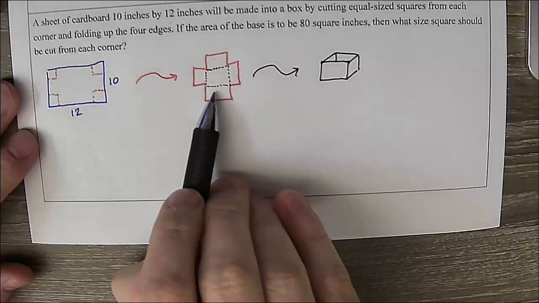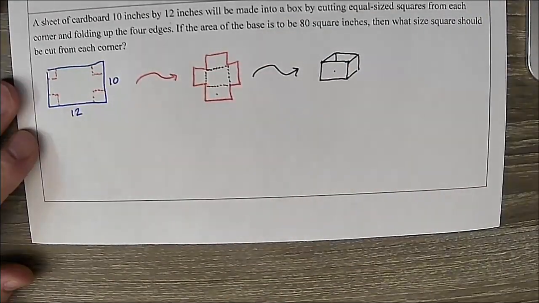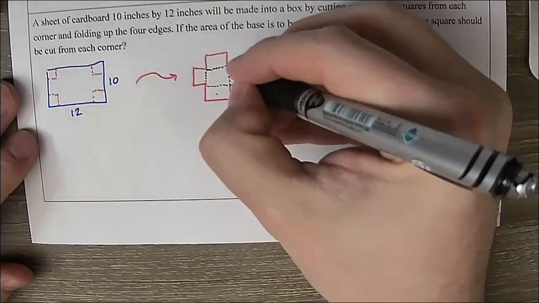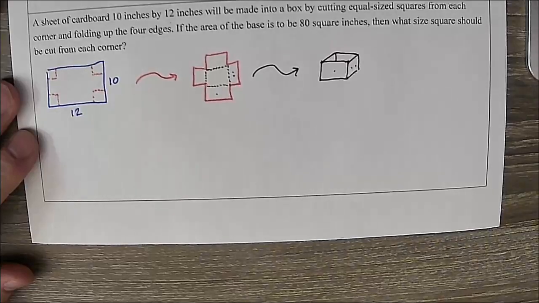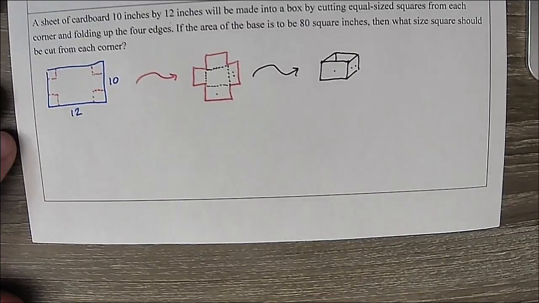So this front piece right here, if I kind of have a little dot right there, is that front piece right there. This side right here, I'm going to put 2 dots, is that dot, that side right there. Kind of like dice. It just folds up into a box.